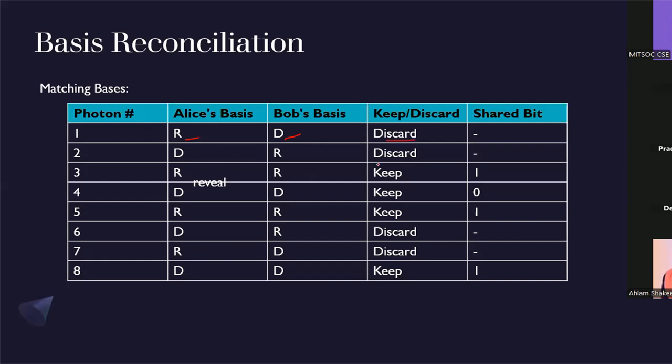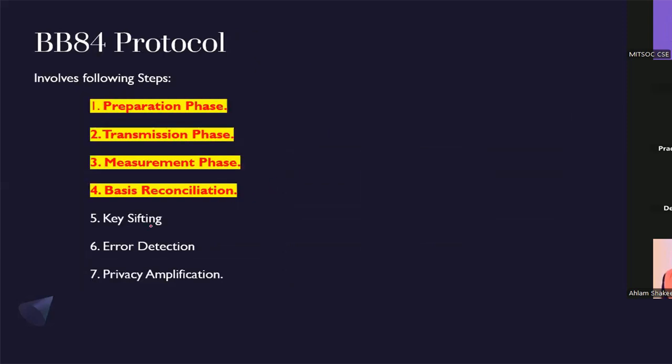Something similar might have happened here, D and R, that's why it is discarded. And here rectilinear, that's why it is kept. The bits shared are like 1, 0, 1, and 0. So these are the matching polarization basis for Alice and Bob communication.